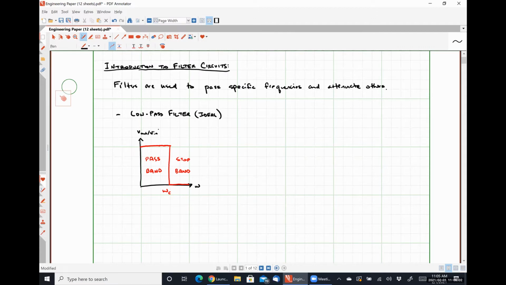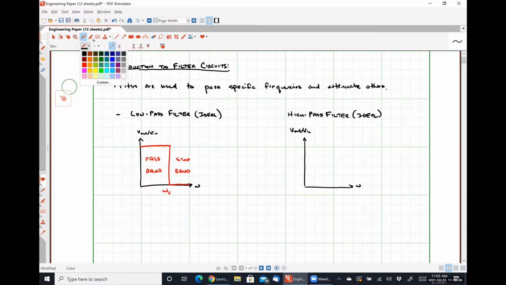All right, so now let's say that we're dealing with an ideal high-pass filter. Here's omega. Here's the ratio of the output voltage to the input voltage.